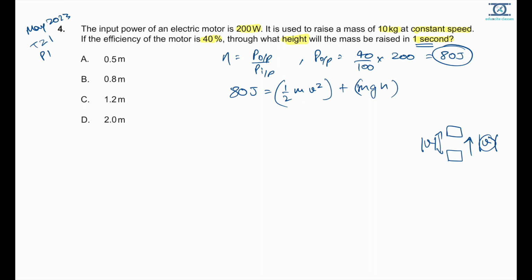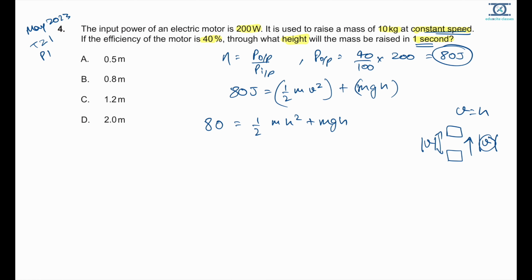So I can write this v as h as well, because in 1 second magnitude wise this v and this h will be the same, because the speed for 1 second is the height and the speed is constant in the question. So I can rewrite this equation as half m h square plus mgh.